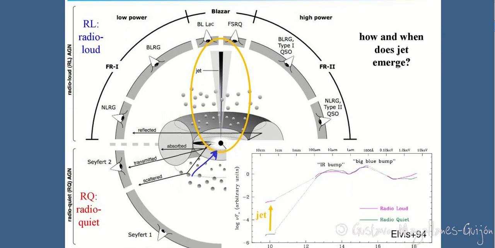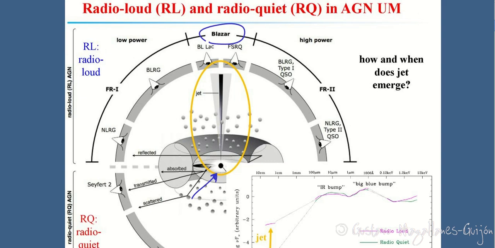If we see the jet directly, the active galactic nucleus is regularly called a blazar.